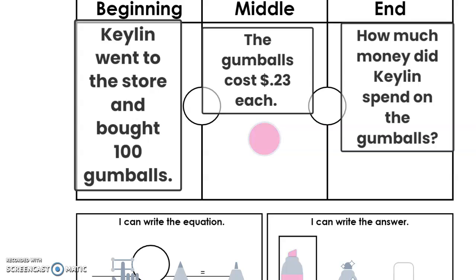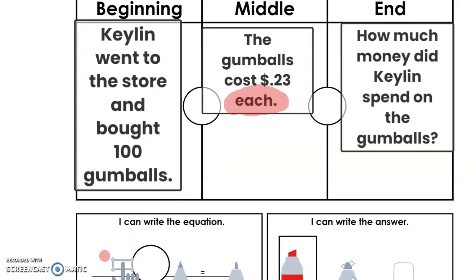And I'm going to use my red marker, or circle it or highlight it. I'm going to highlight it. All right. How much money did Kaylin spend on the gumballs? Well, since they cost 23 cents each, that means I'm going to multiply the number 100 by 23 cents.